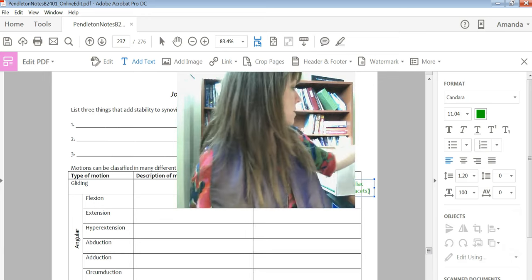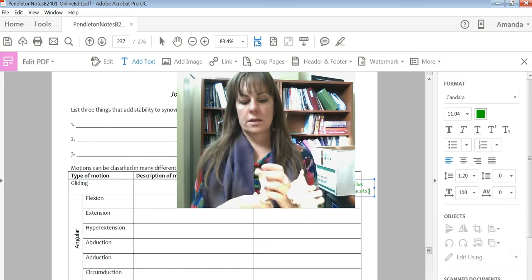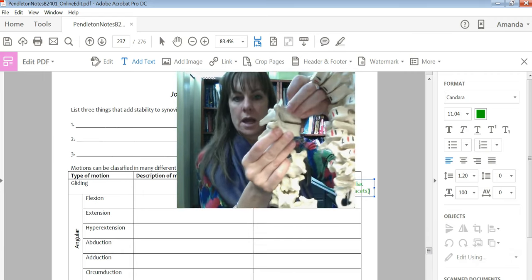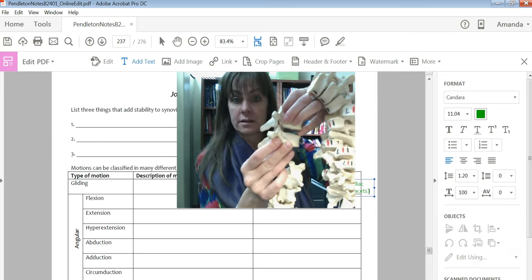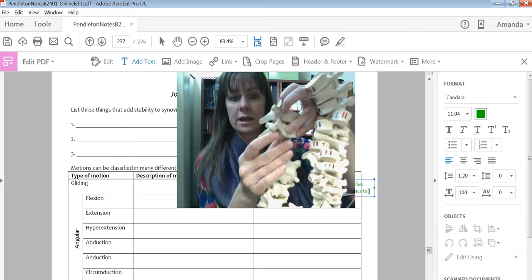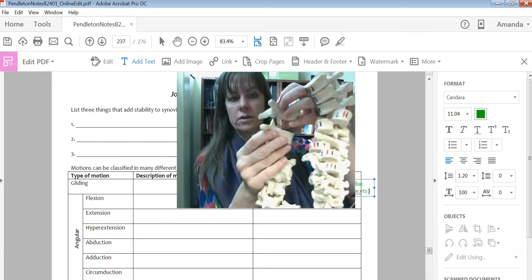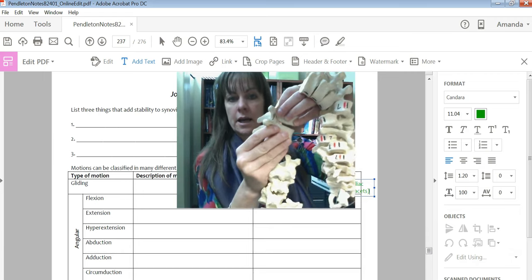Intervertebral, let me demonstrate that. Here are my two vertebrae, and we're not talking about the bodies. The body is a symphysis because it's a pad of cartilage, but we're talking about this area right here, where those two processes meet. As you bend, they slide.